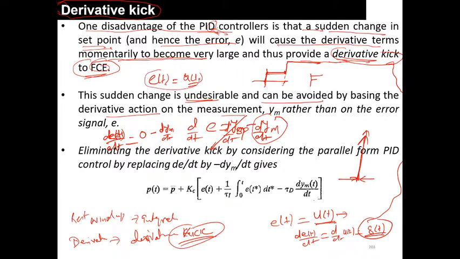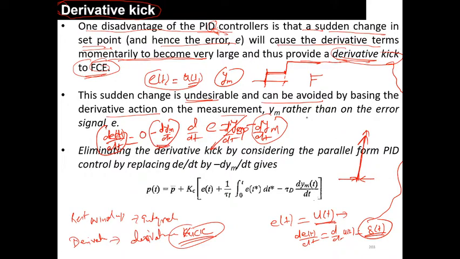Instead of this u(t), if we take ym as an input, we can write the mathematical expression: instead of dE by dt, it is equal to minus dym by dt. So just put down this value.